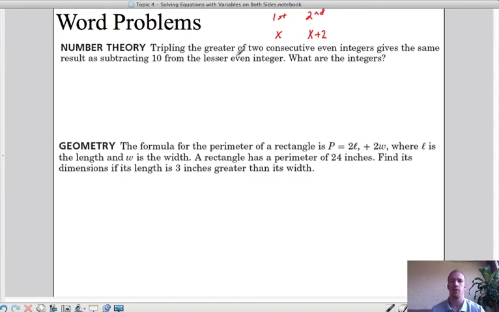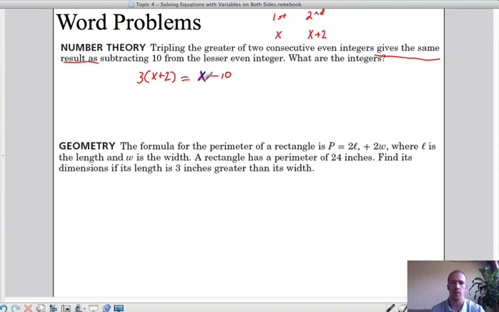The tripling the greater of two consecutive, so we're going to triple this one, so 3 times the second even number, gives the same result as, so that's our equals, gives the same result as subtracting 10 from the lesser even integer. So subtracting 10 from the lesser.